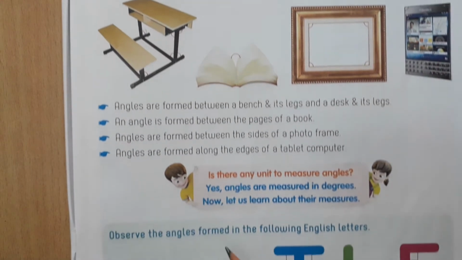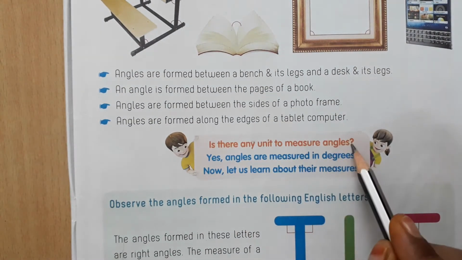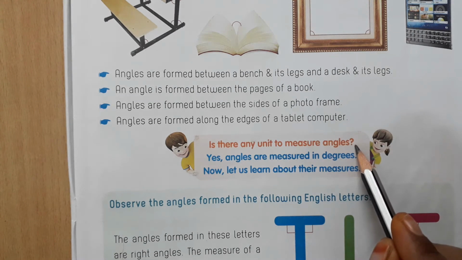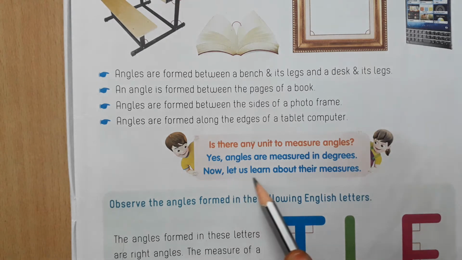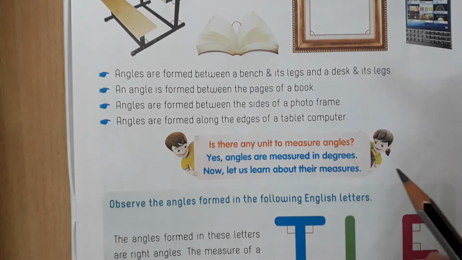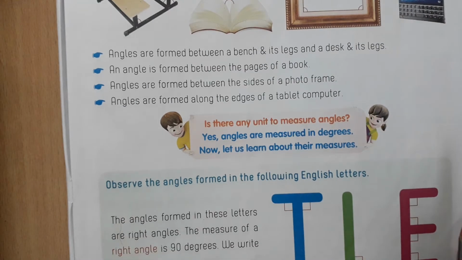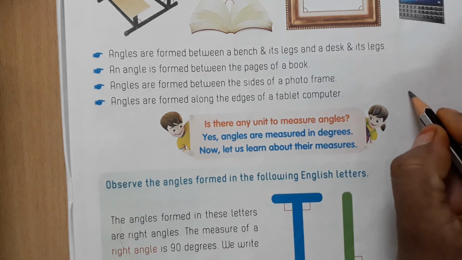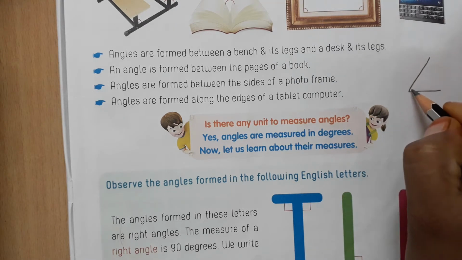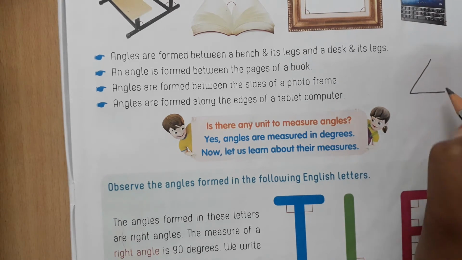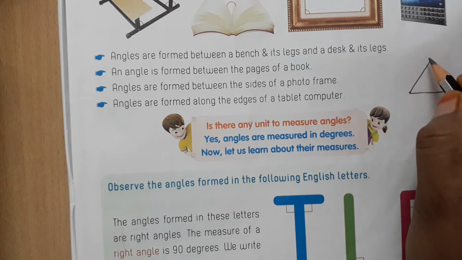So, is there any unit of measure for angles? Yes, angles are measured in degrees. Now let us learn about their measures. So angles are formed when two lines or things or objects meet at a common point.